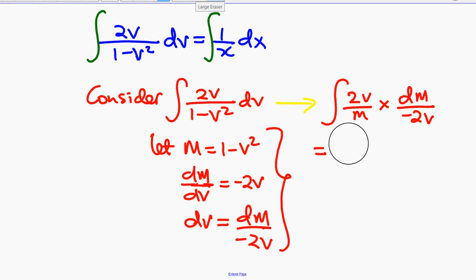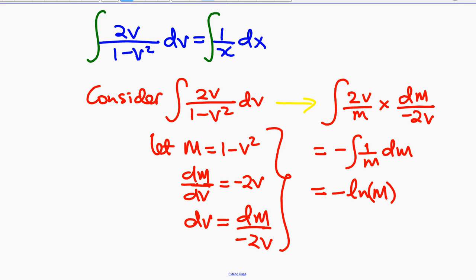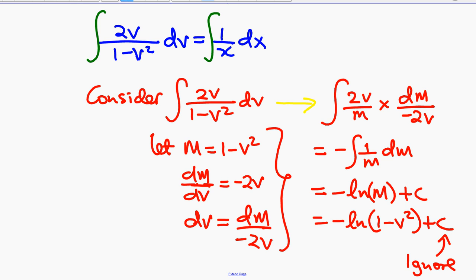I can take the negative out, which will be equal to negative ln m plus c, which will be equal to negative ln of (1 minus v squared) plus c, since m was 1 minus v squared. Now I'm just going to ignore that c, and I'll just focus on this here. All right, this is my solution.